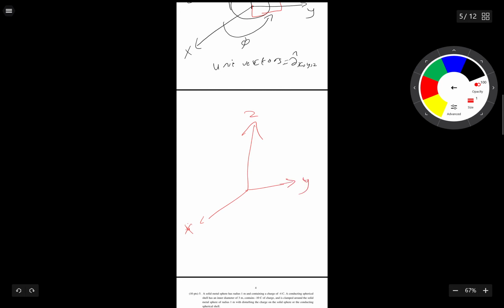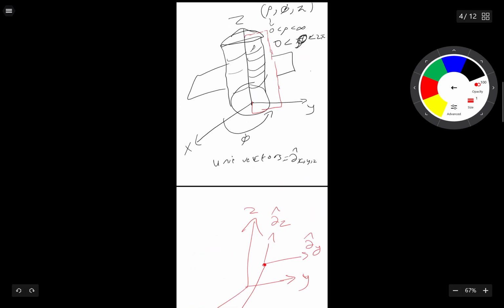Let's suppose we have a point over here. The unit vector for the z component would be towards where the z component is increasing, for the y it would be over here where the y component is increasing, and here for the x where the x component is increasing.